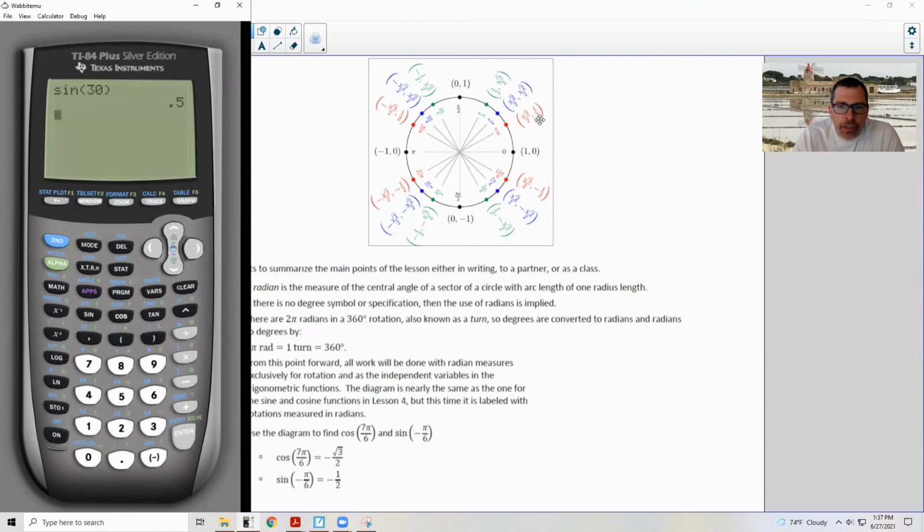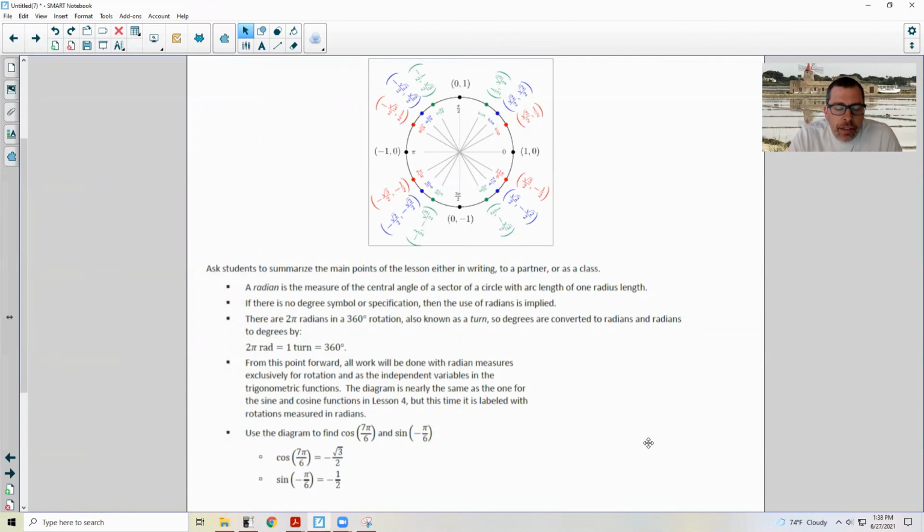See where the sine is 1/2, that's the y value. Now if I switch my calculator to radian mode, and now if I put the sine, instead of 30, I put π/6, I still get a half. Okay?